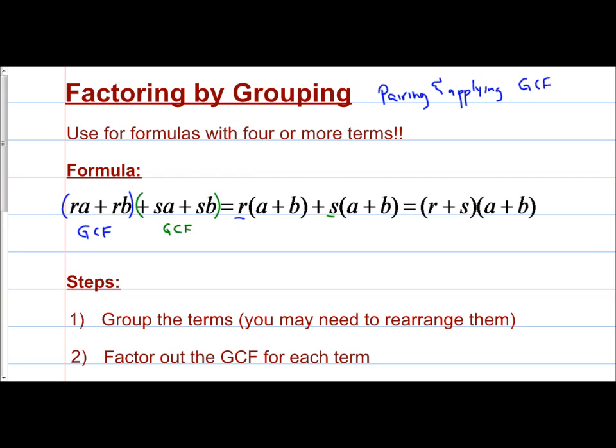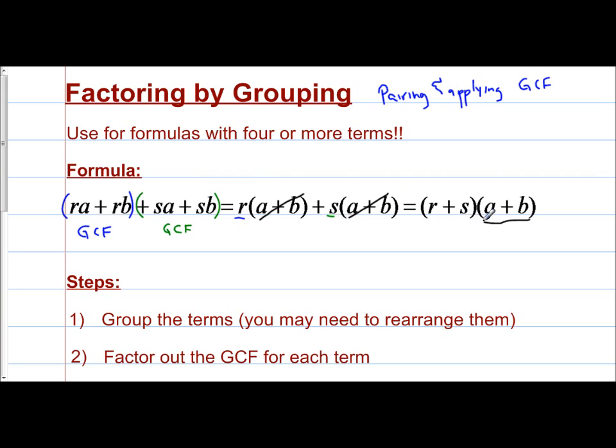And so what this means is we can actually take that A plus B out from both of them, put it over here, and if we remove the A plus B, because that is the GCF of this part, we are left with R plus S.